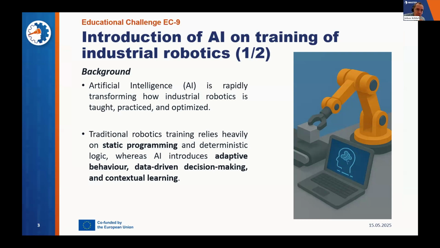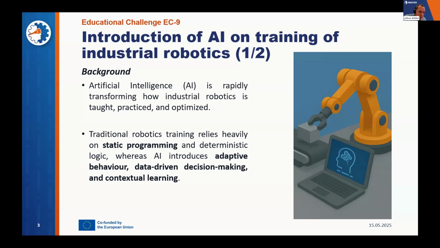So the big and very current concept of artificial intelligence is present here. It's transforming everything, also industrial robotics, the way it is taught and the way it is practiced in optimization. Traditionally, programming of robots was static programming.